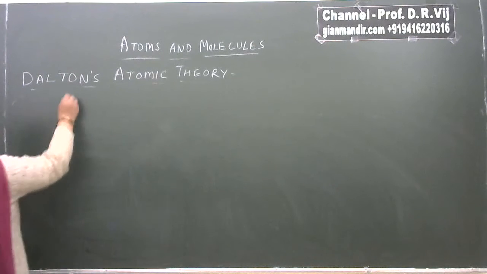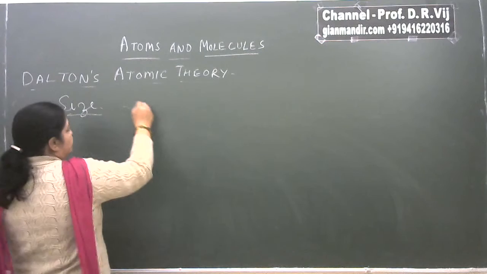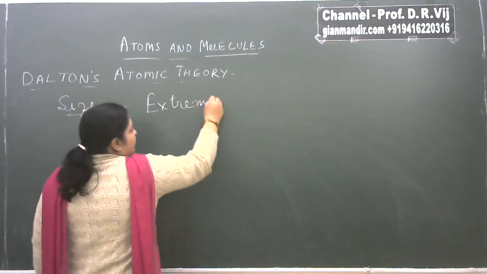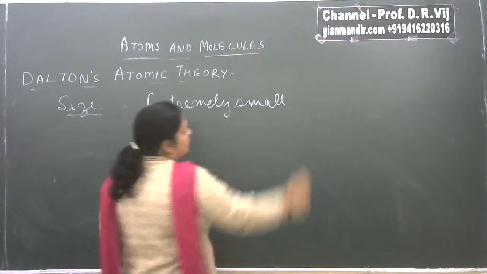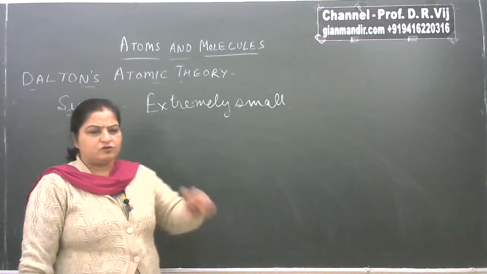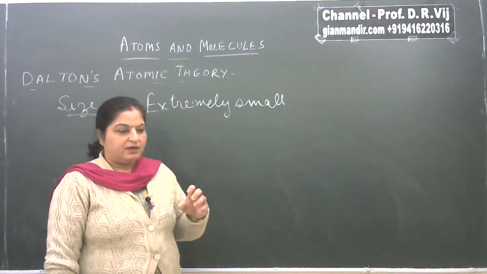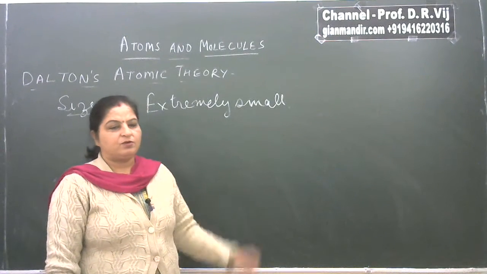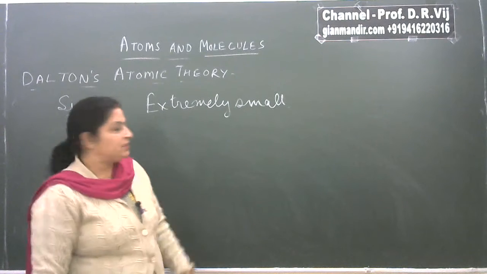If we consider the size of atoms, we must say that these atoms are extremely small. They are small beyond our imagination. They are so small we can't even imagine. We can't even have an example or comparison which can tell you how small these atoms are.